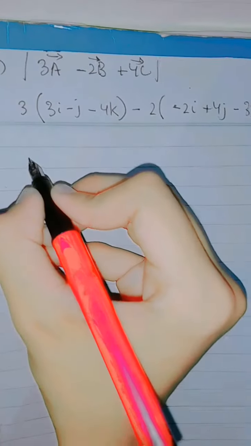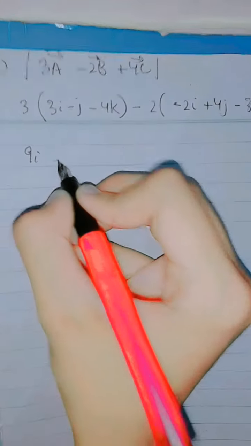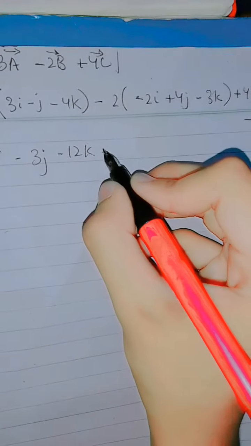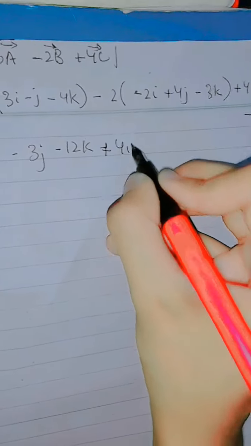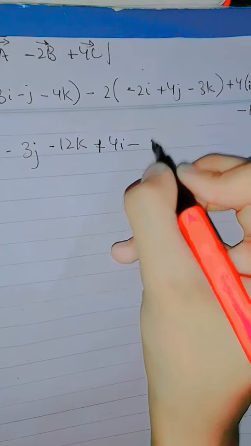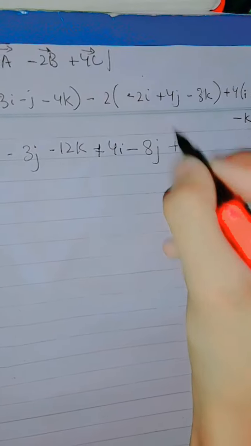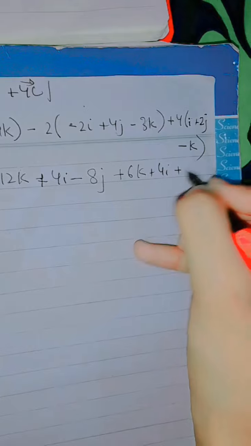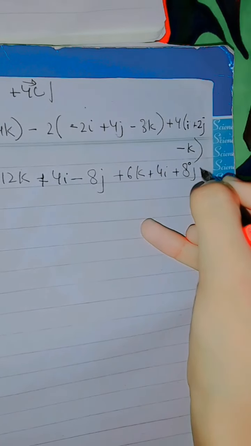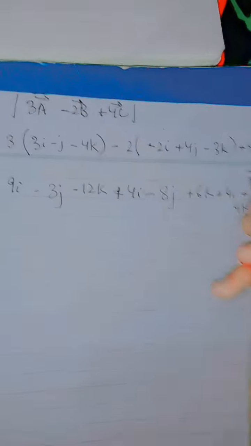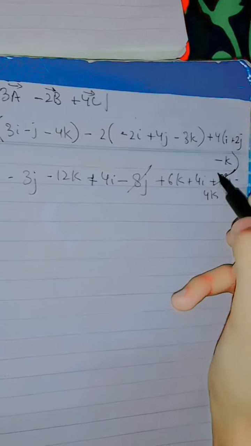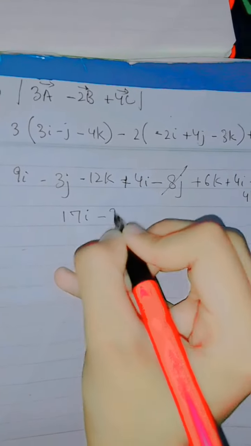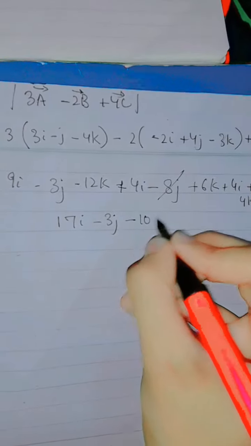Now we'll be solving it. 3 times 3 is 9i minus 3j minus 12k, then plus 4i plus 8j minus 6k. Then having 4i plus 4 times 2 is 8j minus 4k. Minus 8j cancels with plus 8j. So after adding it, we'll be getting 17i minus 3j minus 10k.